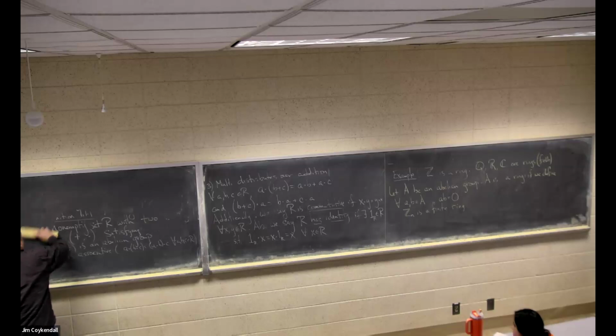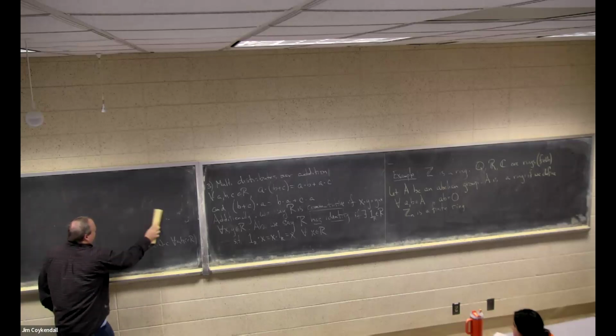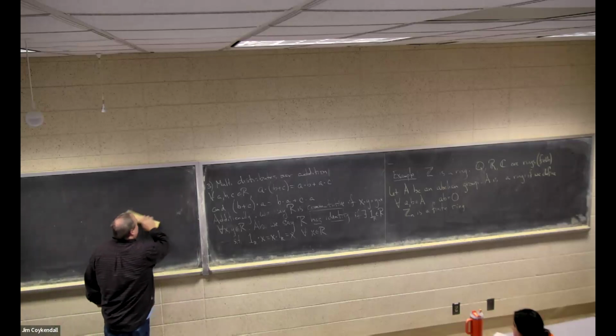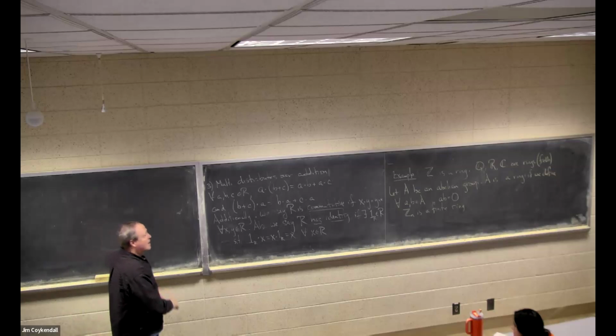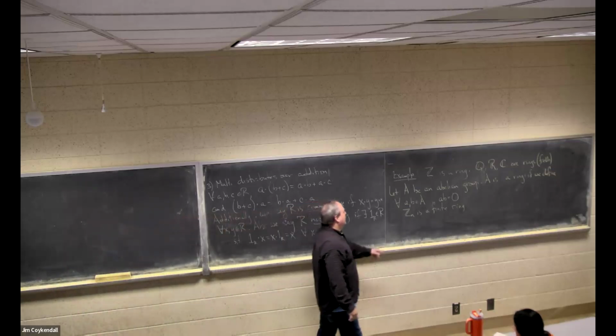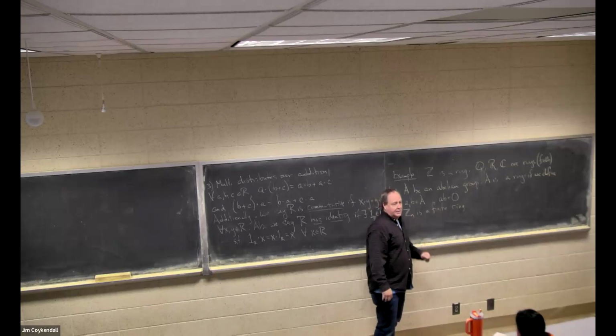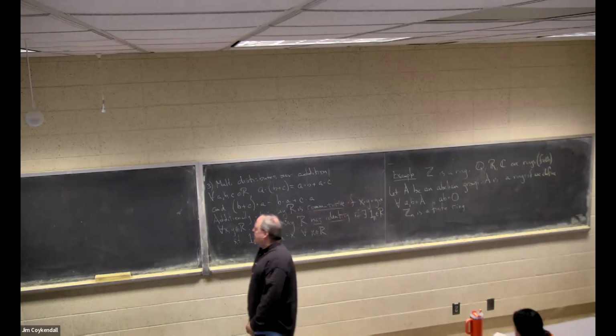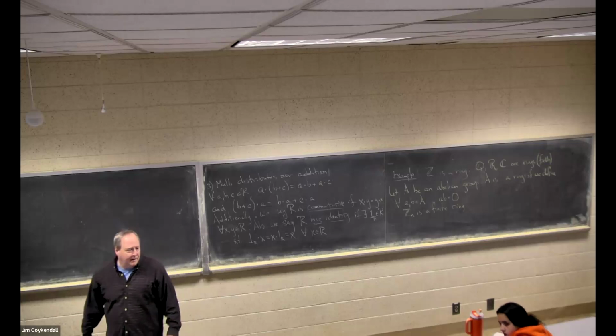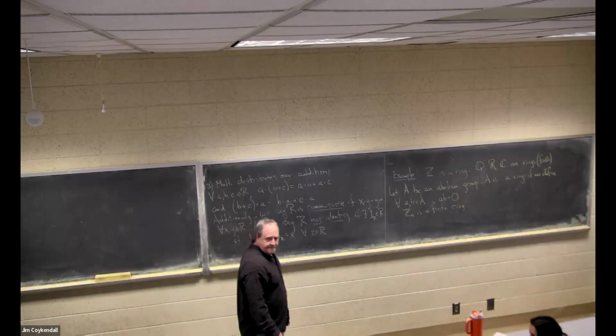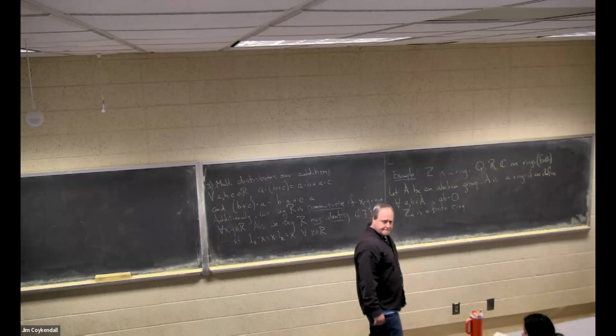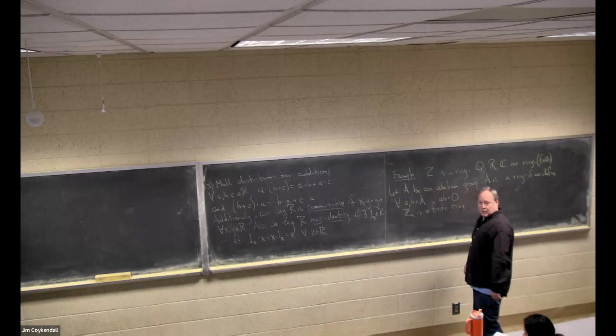Here's another example. That is correct. If n equals p, a prime, then this is a field. You have to specify, because if you just say it's a finite ring, wouldn't you have to specify what your multiplication is? It's modulo n, right?